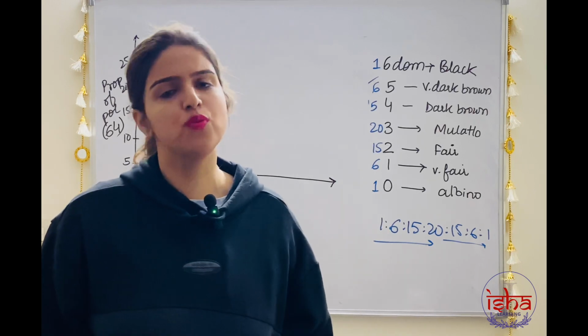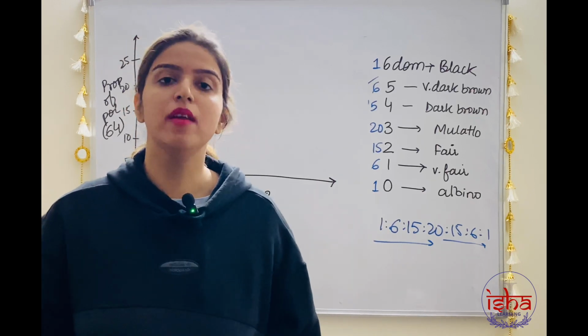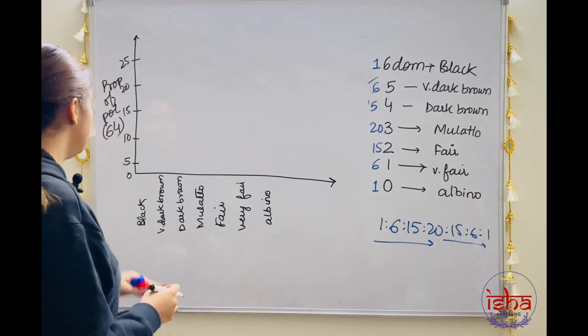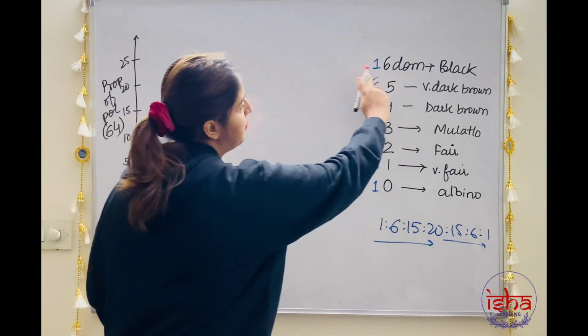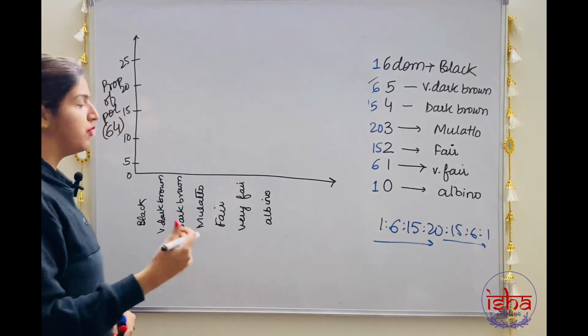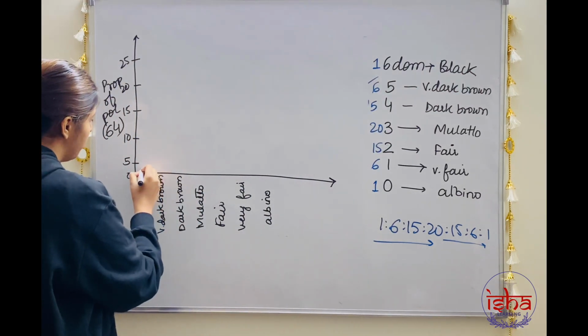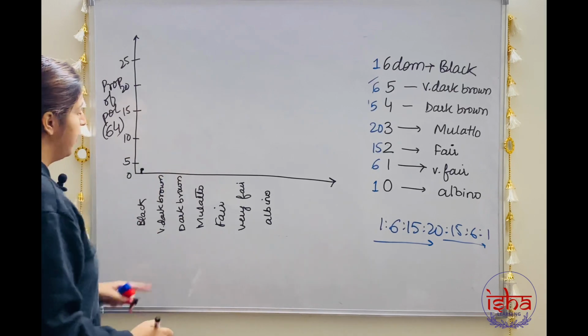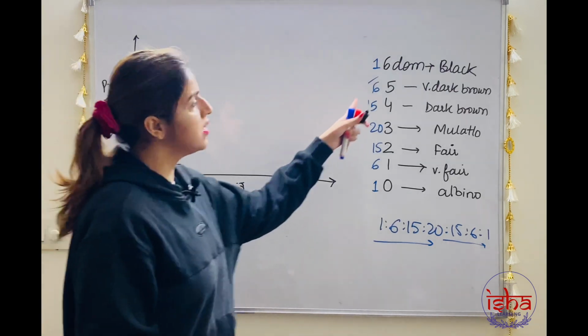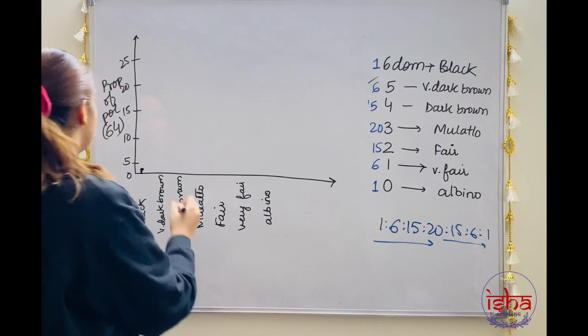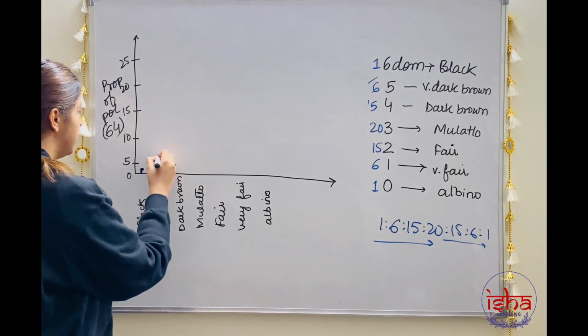I know the answer is 1. So I'm just going to go ahead and plot it on the graph. I know one individual has the black skin color out of 64. So I'm going to plot 1 somewhere around here. Now very dark brown, I know 6 individuals are of this type. So 6 would be somewhere around here.